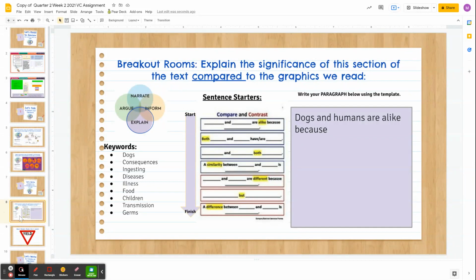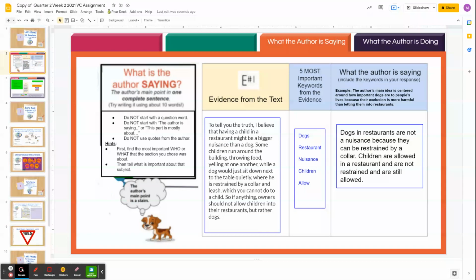So overall, our whole class time was spent reviewing what the author's saying and what the author's doing. If you would like, you can use these tools here to help you write those items, or to help write that response. Because of course yours won't have the same answer as mine.